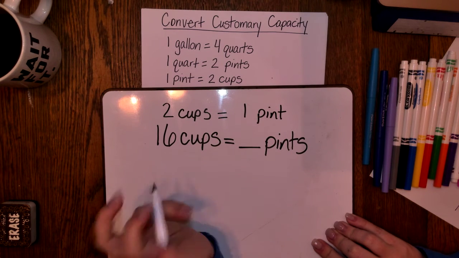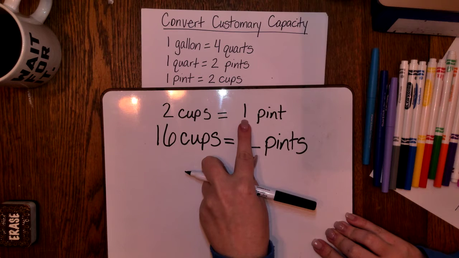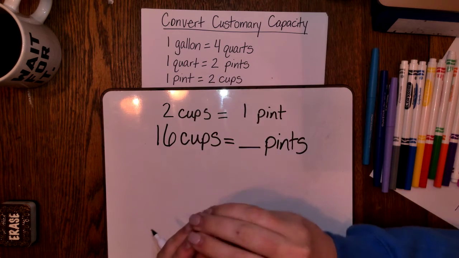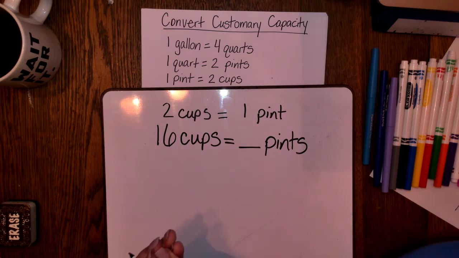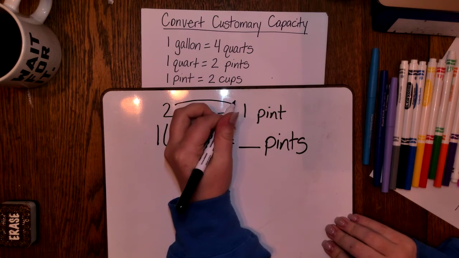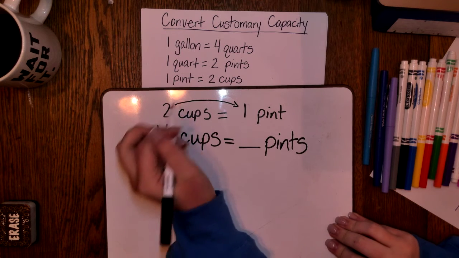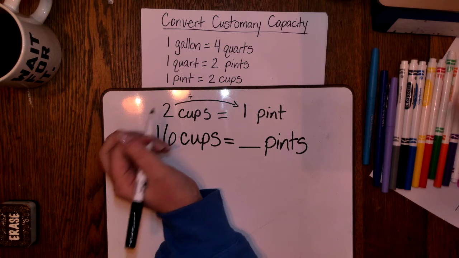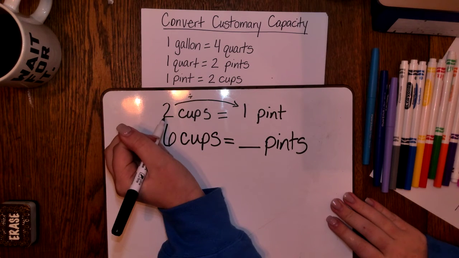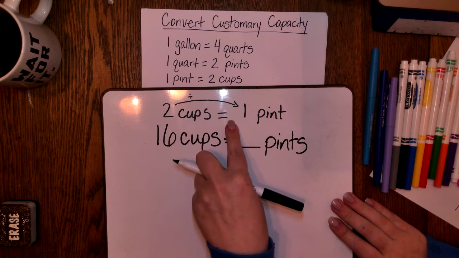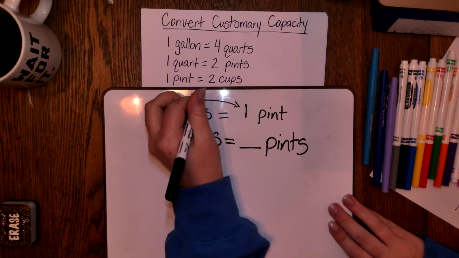Now, if I'm going from cups to pints, I'm going to break it apart into groups of 2. 2 cups is a pint, 2 cups is a pint, 2 cups is a pint. When I break things into the same sized groups, I'm dividing. Here, to go from 2 to 1, I'm going to divide by 2.